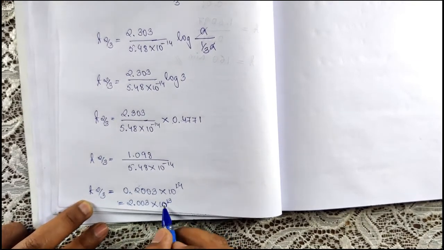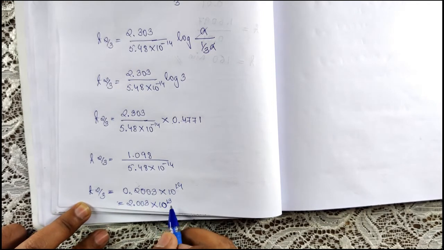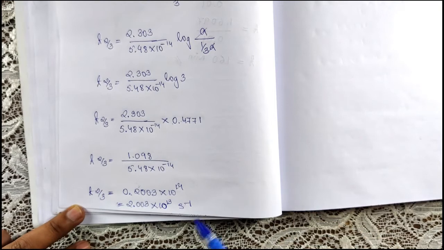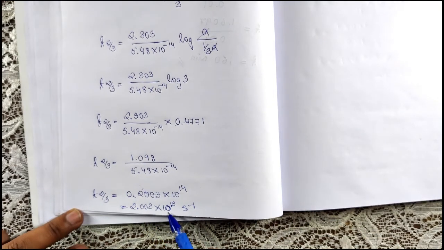So T 2 by 3 will be this much, per second. So it will be 2.003 into 10 to the power 13 per second. If you move one place, it will be 10 to the power minus 1, so 14 minus 1 will be 13.